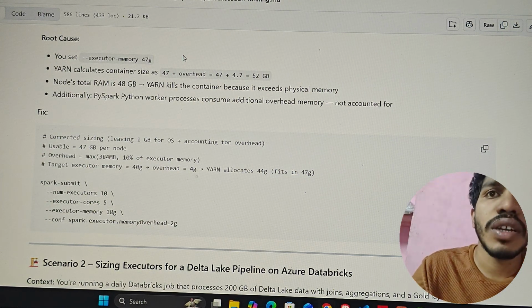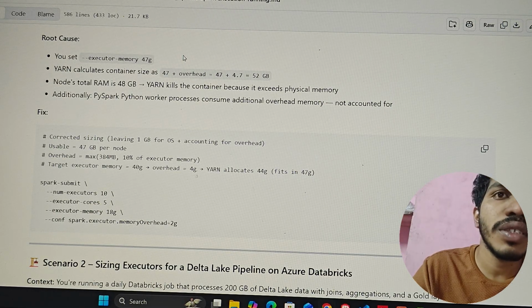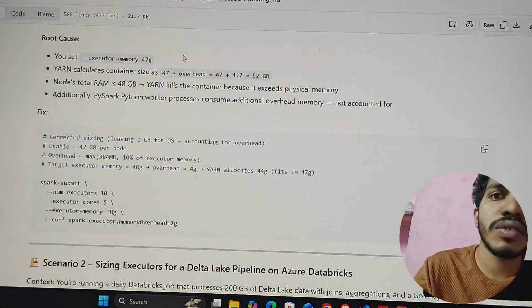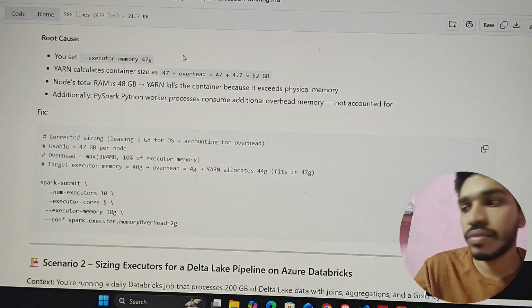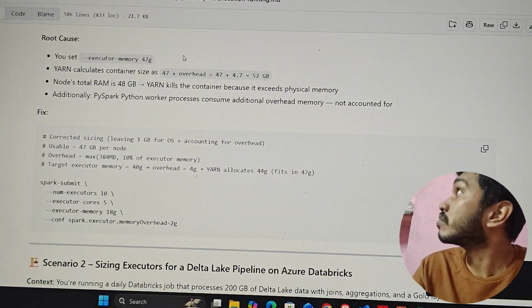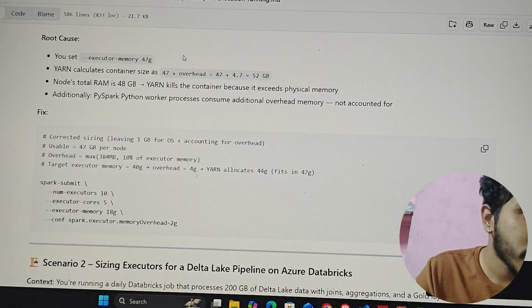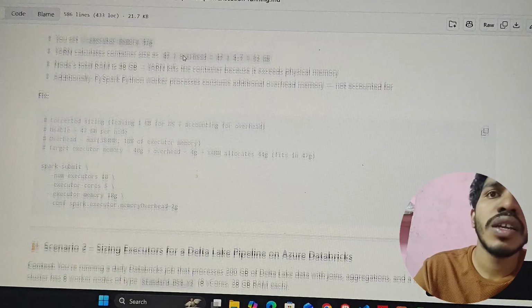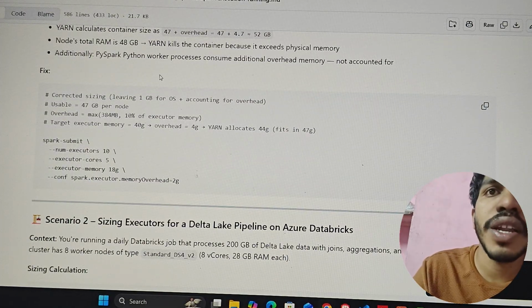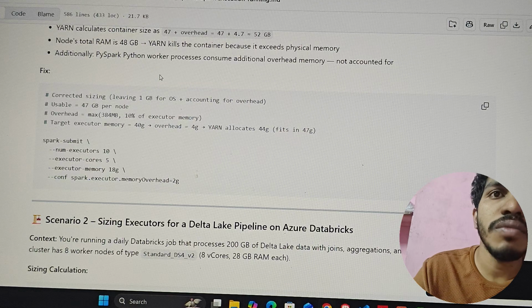Additionally, Spark Python worker processes consume additional overhead memory. The fix is correct sizing, leaving 1 GB for the OS and accounting for overhead.